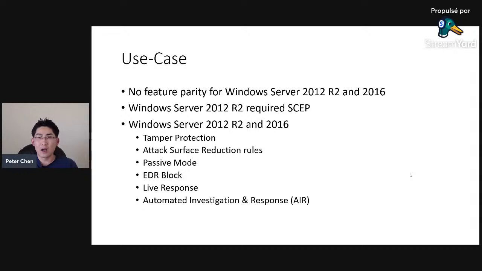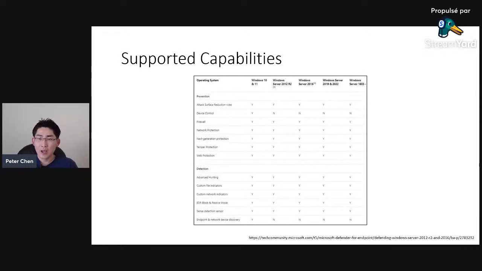Additionally, with the antivirus, Microsoft has provided feature parity, or as close as possible, to Windows Server 2019, or what you will see in Windows Server 2019. So you will see tamper protection, which is my next slide. You do see that feature parity once you deploy the unified solution for 2012 and 2016.